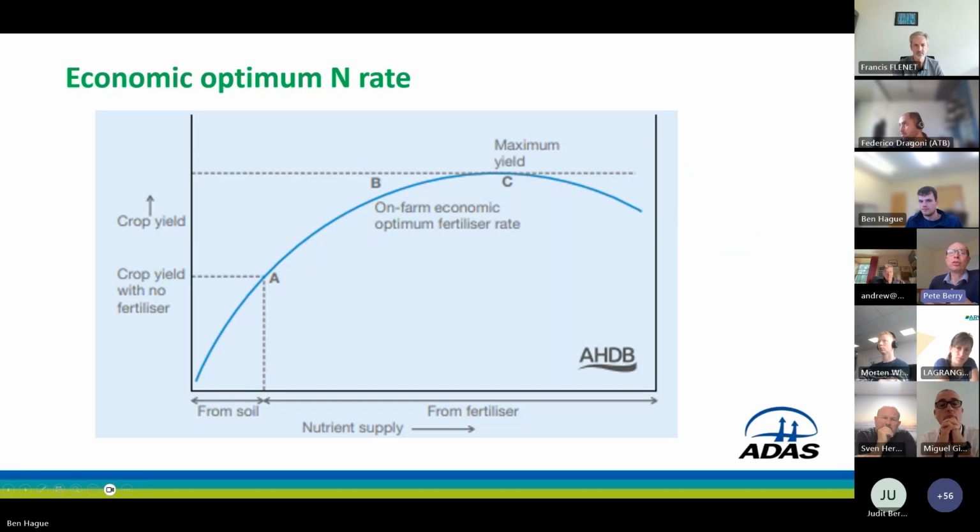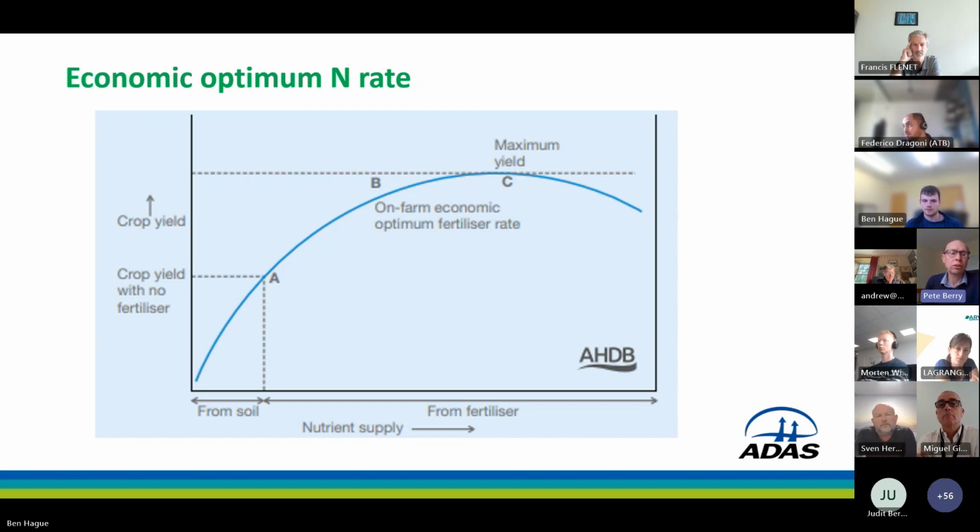So I'm going to start just by describing a general response that crop yield has to the increase in nitrogen fertilizer. It's a generic response that you can see here. The x-axis describes the increase in nitrogen supply, either firstly from the soil and latterly from synthetic fertilizer or nitrogen from organic materials.